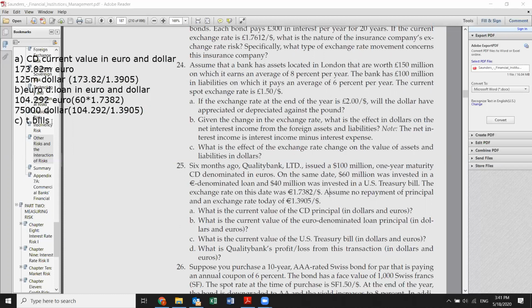tell me guys, do we earn anything from here as a bank? From this 40 million in exchange rate? No, I think no. Yes, very good, because we have not invested in euro. Why should we earn anything? So 40 million is 40 million in dollars. And in euro, we are just multiplying with the current rate.